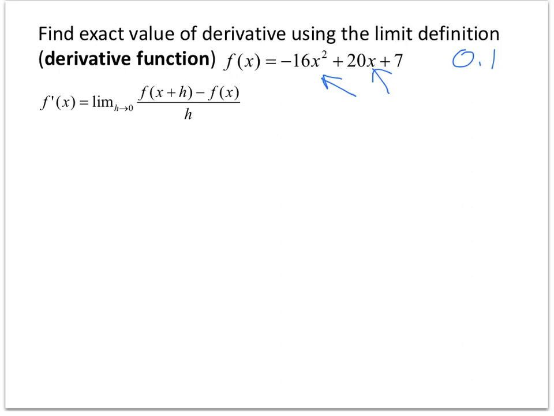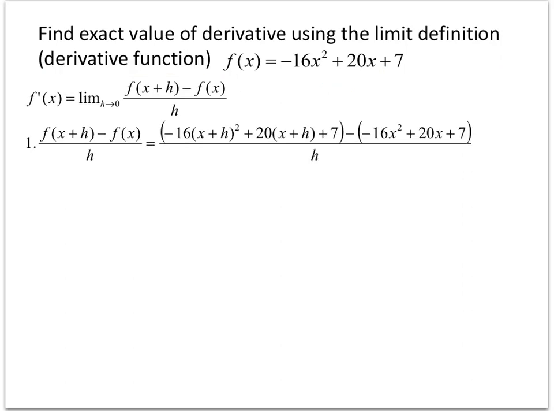I would like to have one function that I can plug any number I want into. This gets really messy looking: everywhere I see an x, notice I plugged in x plus h. It's just a lot of algebra here. I mean, things can get lost. And then everywhere I see an x, well, that's easy.